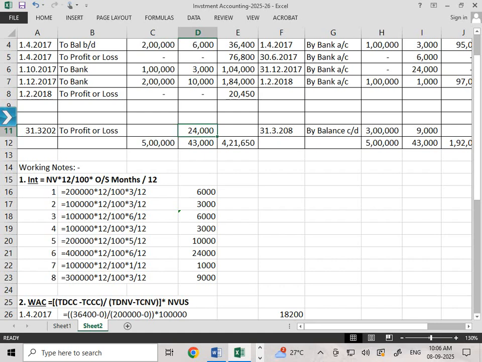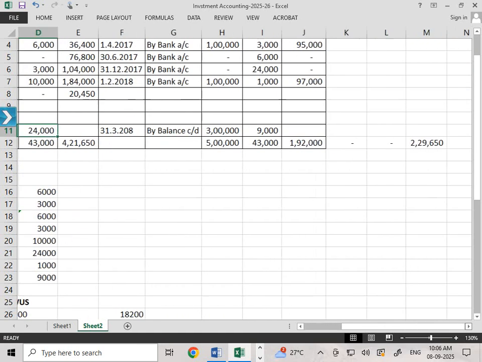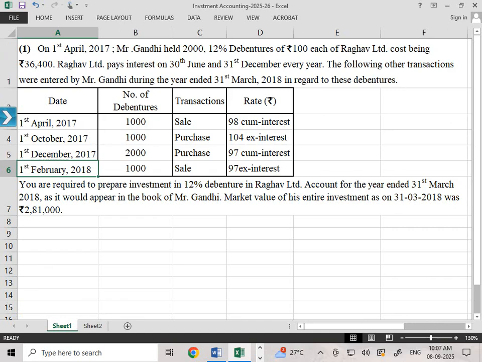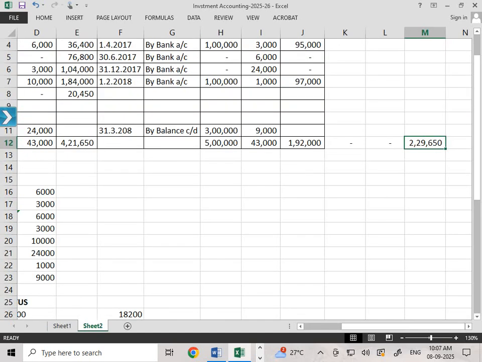Now the last and very important part, closing of cost column. Now closing of the cost column, we found the difference is 2,29,650. Please pay attention here. And what is the market value given? 2,81,000.